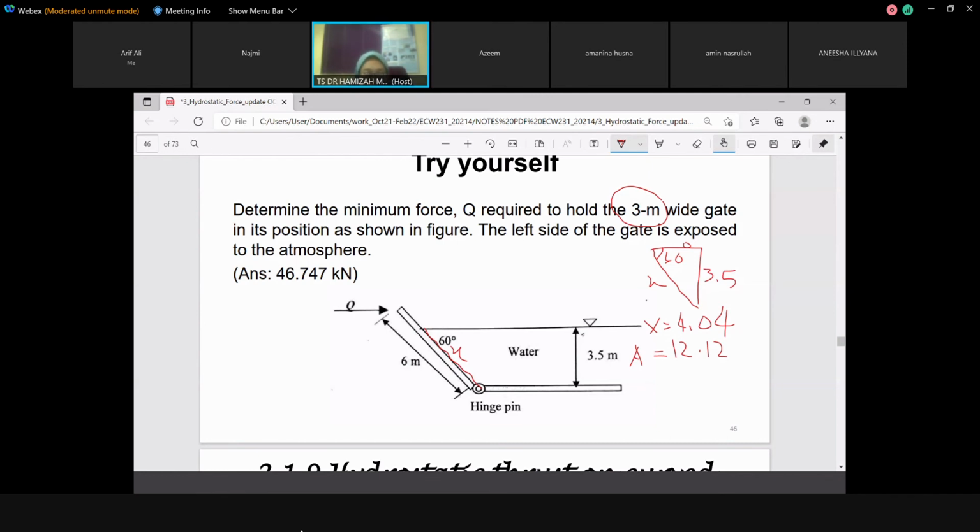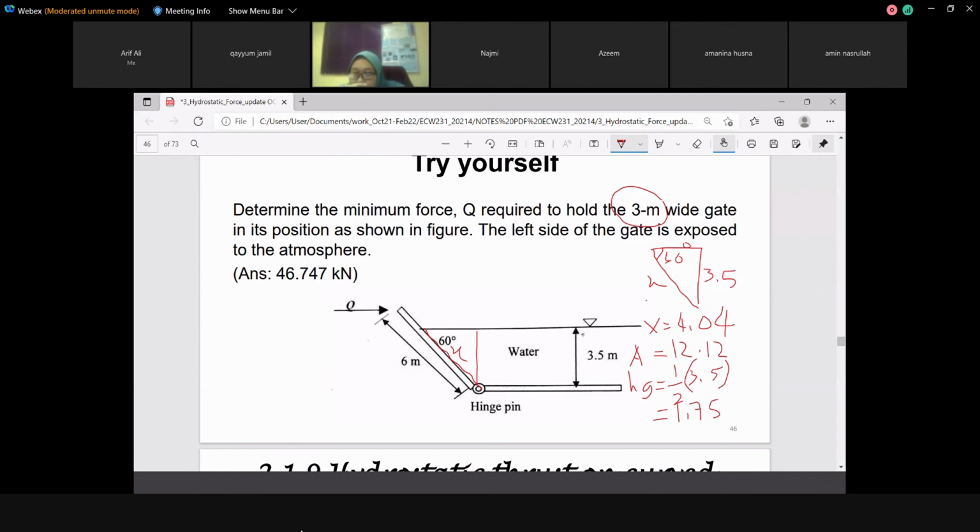So, HG ialah half of the vertical length, 3.5. Tak perlu tambah H sebab dia tak ada free water surface. Dia terus gate je ada. Tak ada above border. So, berapa HG? 1.75. Okay, you follow the step je.